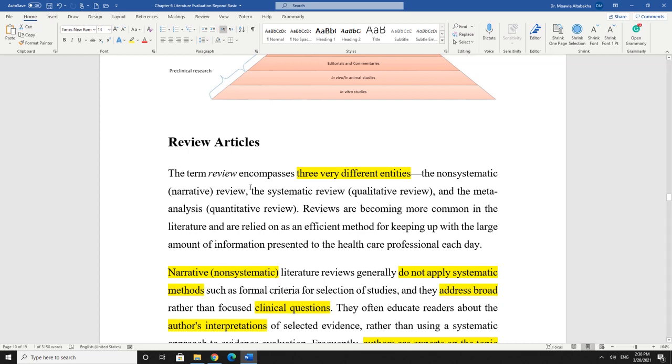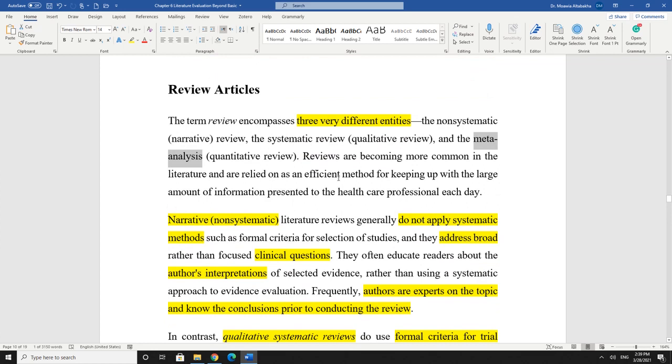Okay? Non-systematic. The other one is the systematic reviews. And systematic reviews can be qualitative or quantitative. The quantitative ones are sometimes referred to as meta-analysis, or actually most of the time they are referred to as meta-analysis rather than a systematic review. But it is a systematic review.